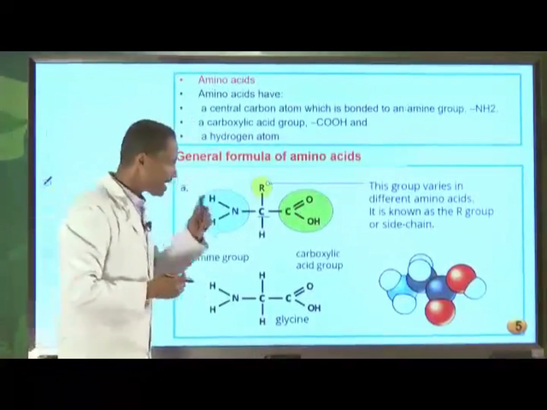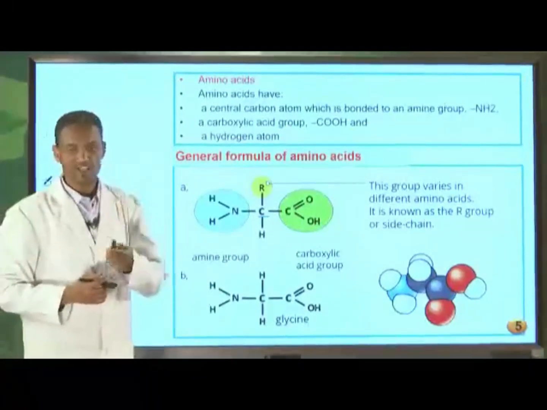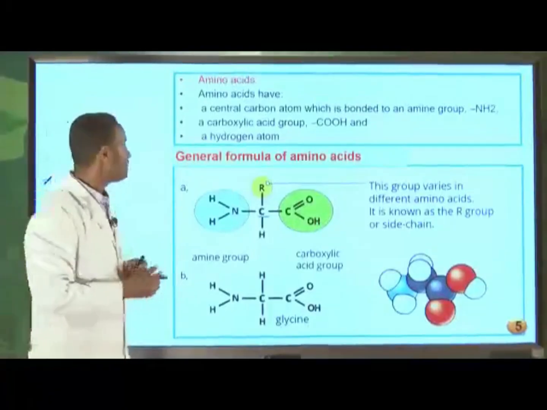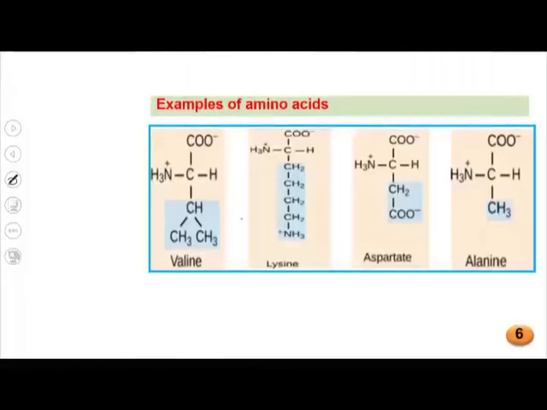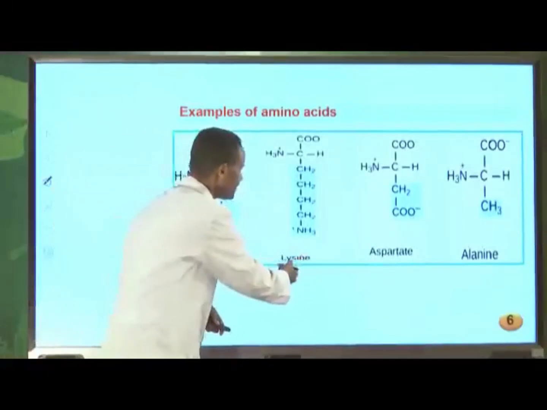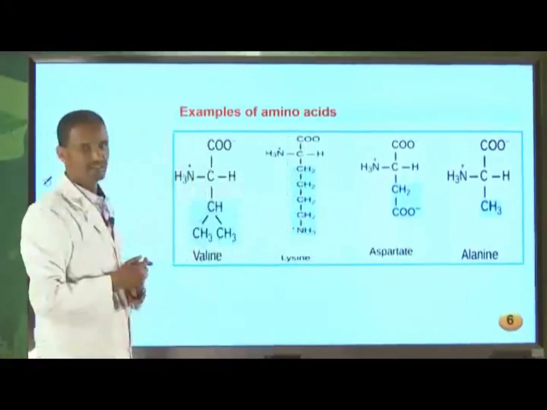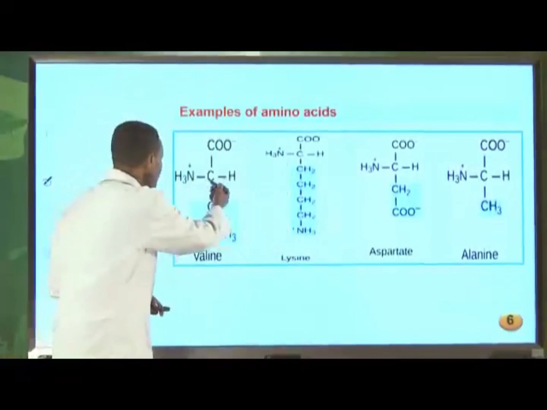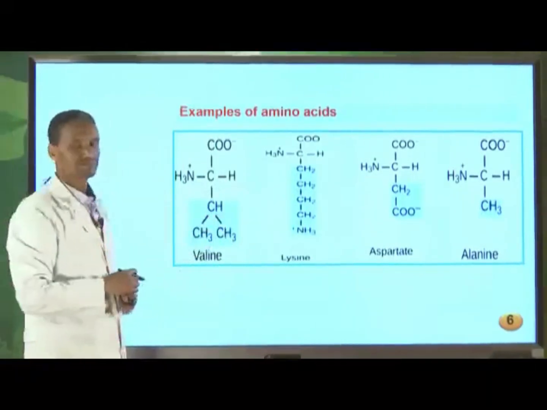As a result, one amino acid can vary from another amino acid depending upon its R group. These are some examples of amino acids. This one is valine. This one is lysine, aspartate, and alanine. Here, the R group in valine contains 3 carbon atoms.